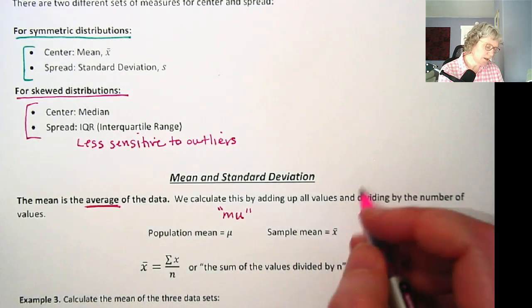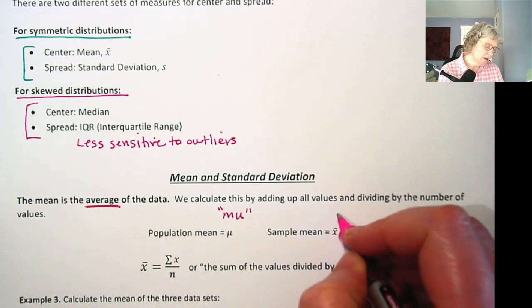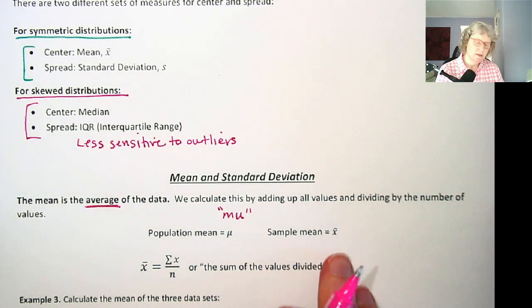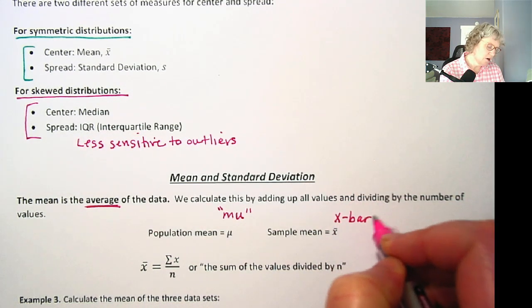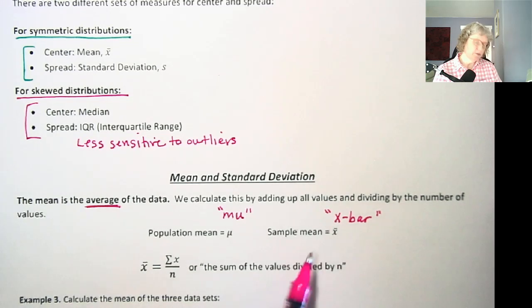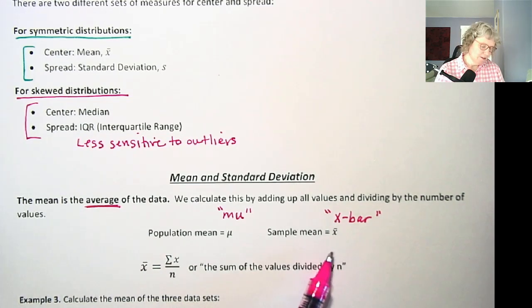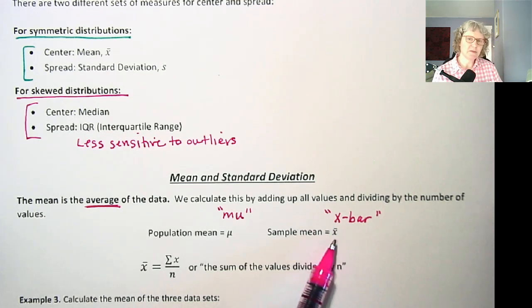And then the sample mean, if we have a sample and we calculate the mean, is labeled x bar. Statisticians like to accessorize their variables. A bar or a hat or some kind of accessory usually means it comes from data.